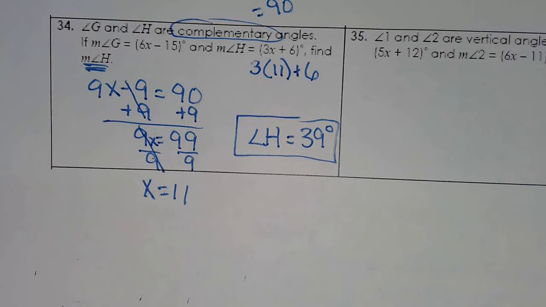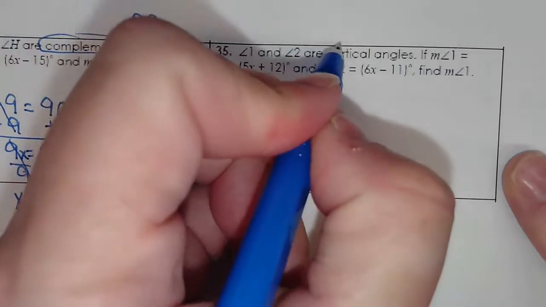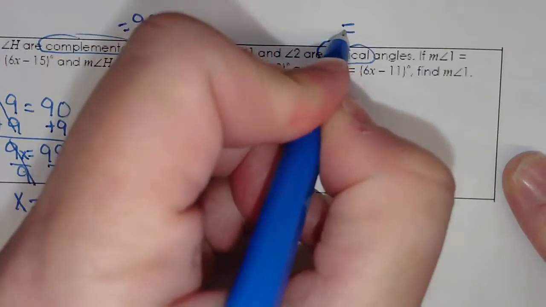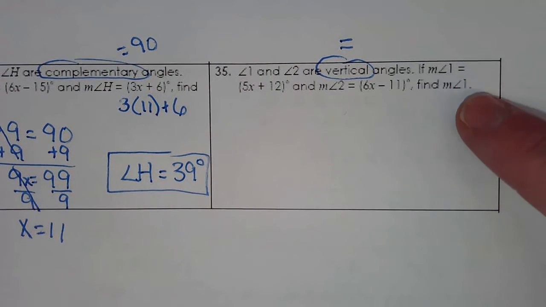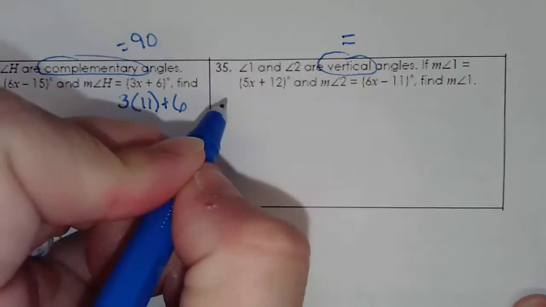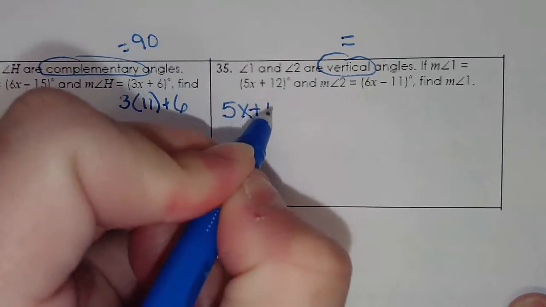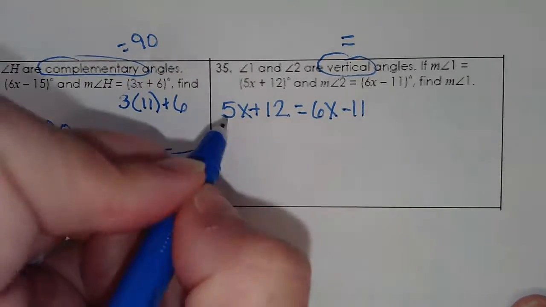Last one. All right, 35. It says angles 1 and 2 are vertical angles. Because they're vertical angles, that means that they equal each other. And then when it's all said and done, we do have to find the measure of angle 1, so we will have to plug it back in. So we're going to set these equal to each other. 5x plus 12 equals 6x minus 11.